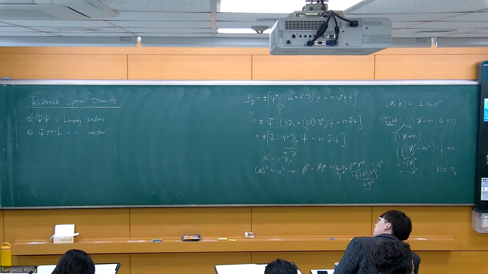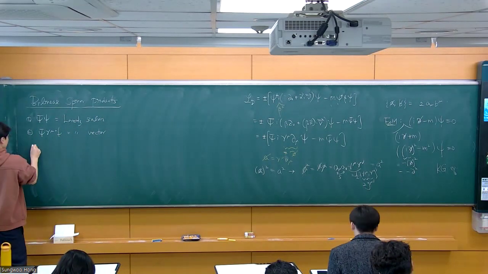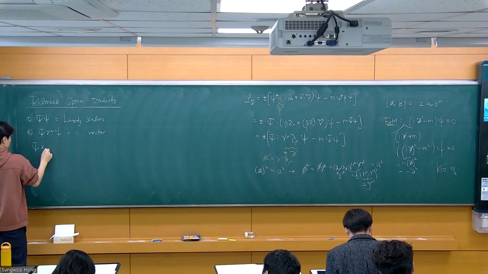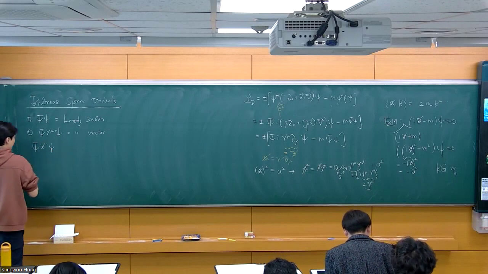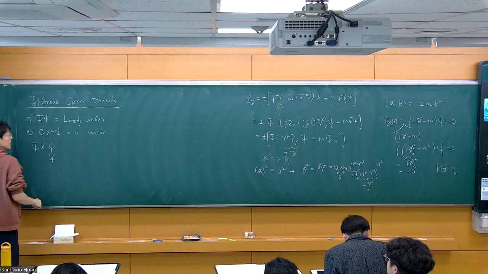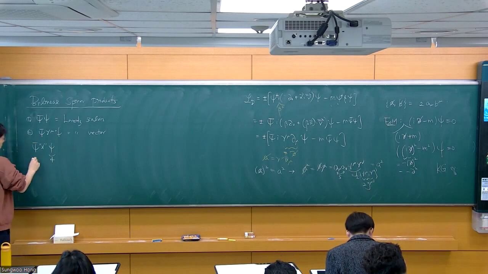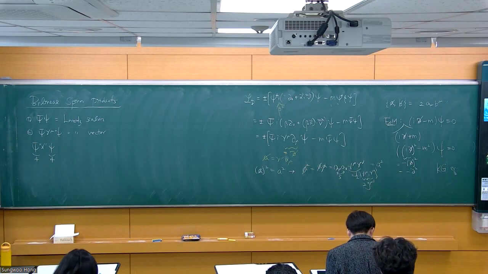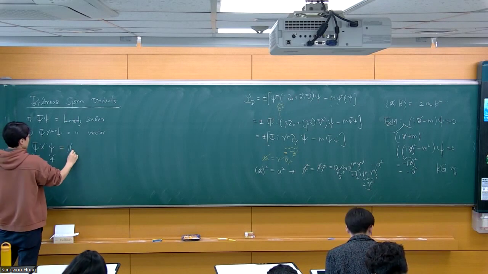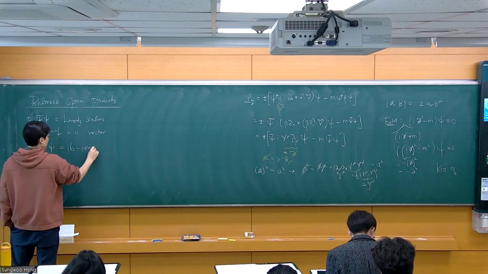That we talked about. But naively, if I have this times that, this is a 4-component spinor, and this is another 4-component object. So in principle, you expect that there should be 16 components here.